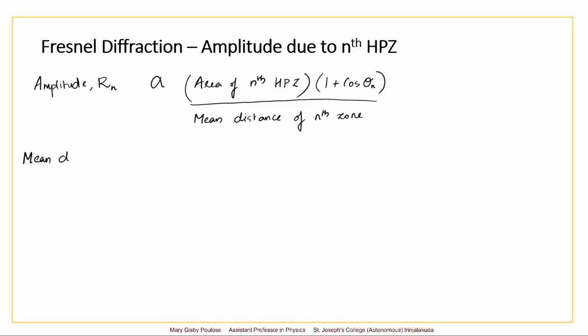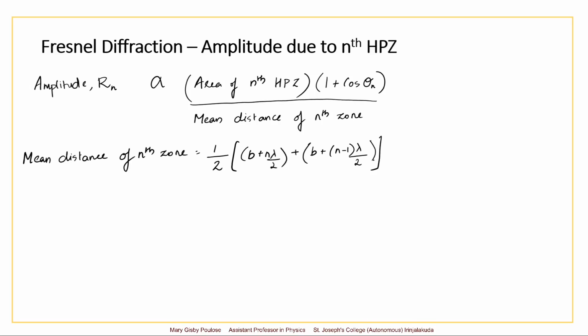Mean distance of nth zone is given as the average, half of the distance towards the nth zone and the distance towards the n minus 1th zone. From the figure we get that the distance to the nth zone is b plus n lambda by 2, plus the distance to the n minus 1th zone is b plus n minus 1 lambda by 2.